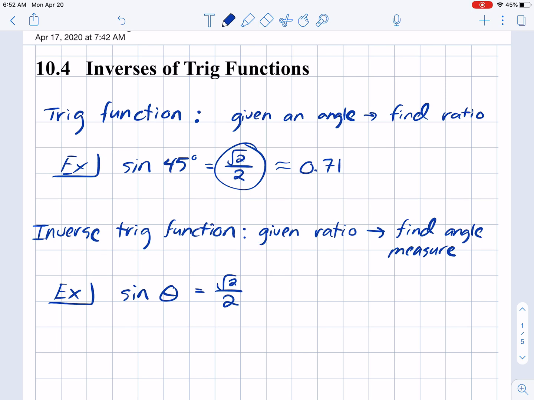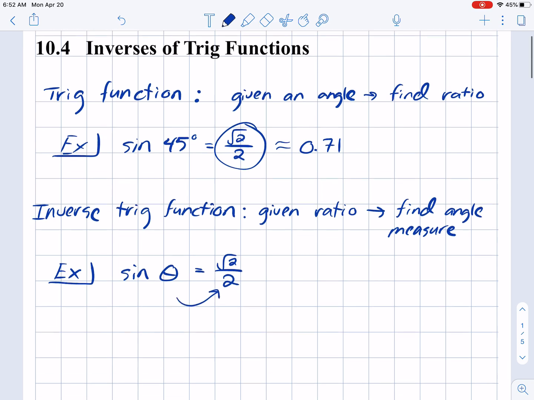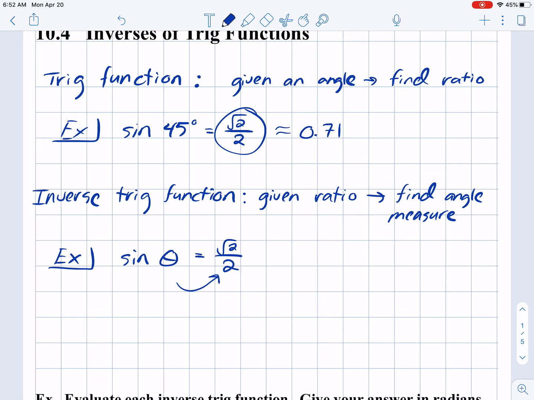Meaning, what angle measure gets you root 2 over 2 for a side length of opposite over hypotenuse, where your ratio is root 2 over 2, and we know that theta equals 45 degrees. You can also put this in radians. Theta equals pi over 4 radians.